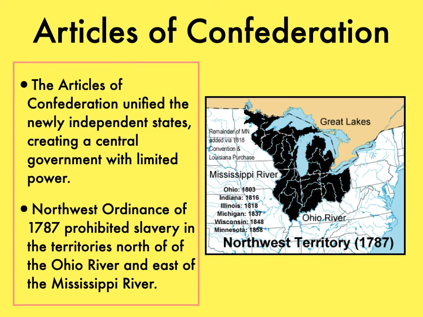Perhaps the most important accomplishment of the government under the Articles was the passage of the Northwest Land Ordinance of 1787, which created stipulations for how the Northwestern territories would be incorporated later into the United States. Most importantly, the Northwest Land Ordinance of 1787 prohibited slavery in the region north of the Ohio River.